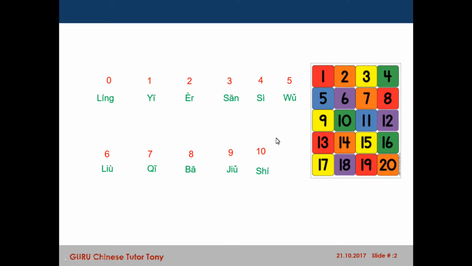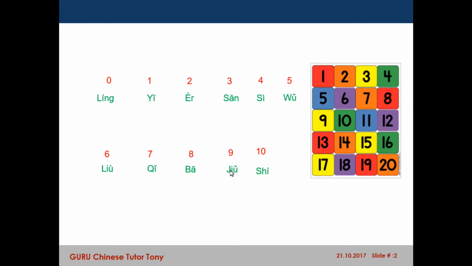From 0 to 10: 零, 一, 二, 三, 四, 五, 六, 七, 八, 九.